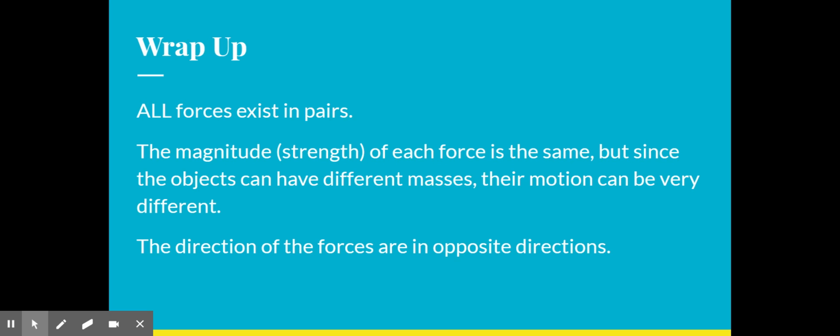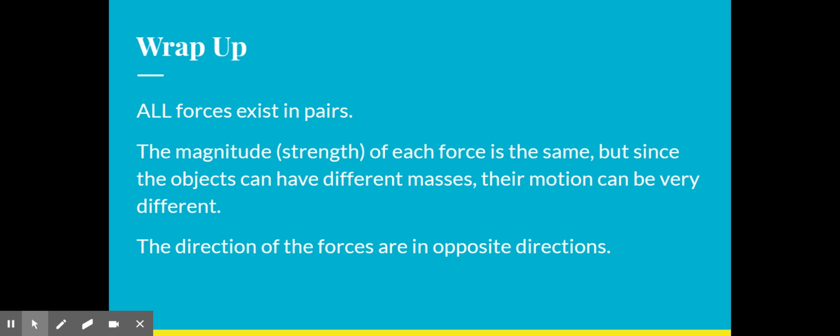Or if we're talking about gravity, the moon is held in its orbit by the Earth's pull, but at the same time, that same amount of force acts on the Earth, and that's what causes the tides, right? So it's the moon's gravitational pull on the Earth that causes the water to slosh around the way that it does on Earth. So the magnitude of each force is always going to be the same.